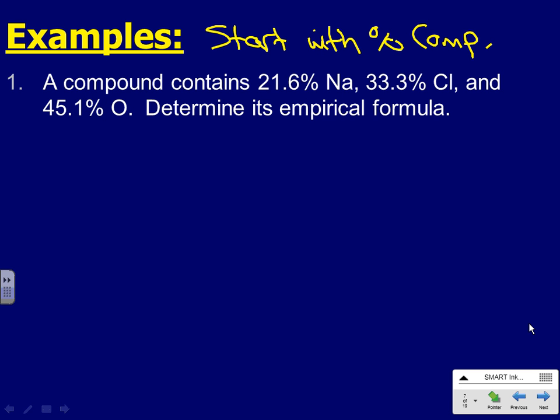And then we're going to do a couple of examples where we start with experimental data. So very much like yesterday, you know what we're doing? We're doing yesterday's work in reverse. We started with a formula and we found a percentage composition. Here, we're starting with percentage composition and we're going back to get the formula. So that's essentially what we're doing. We're reversing the process of yesterday.